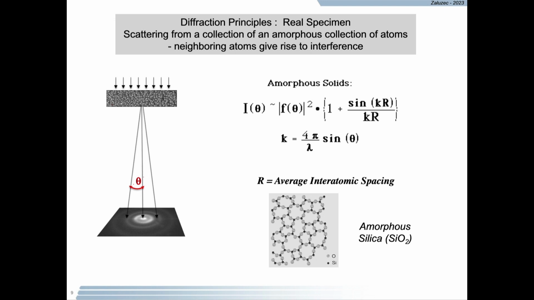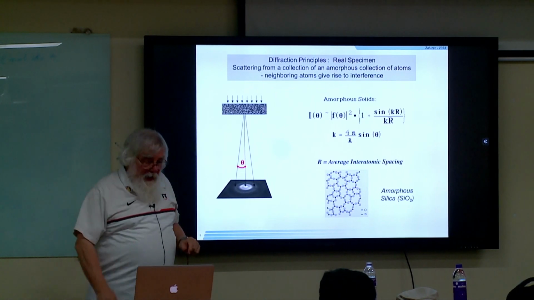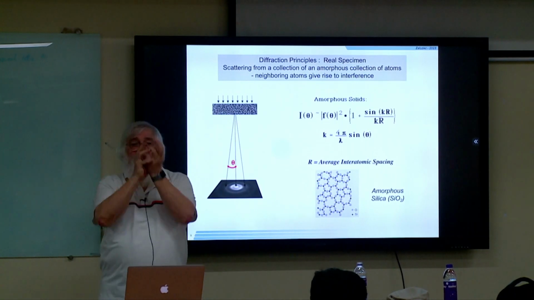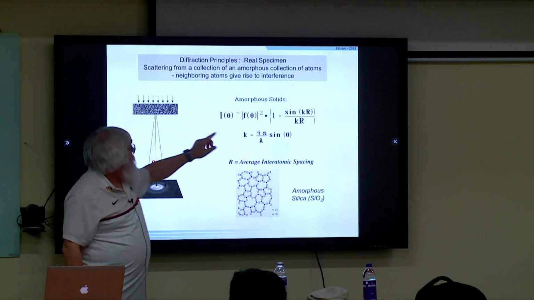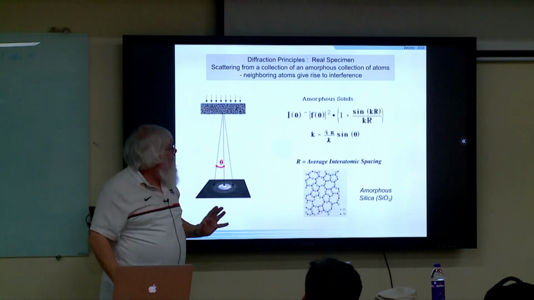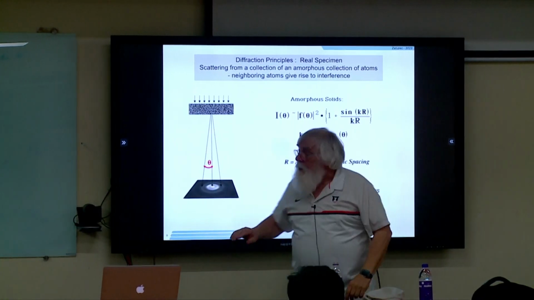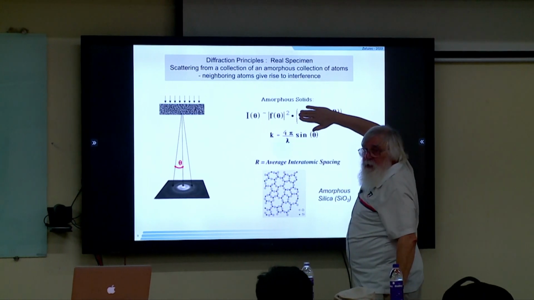And I'll call this collection amorphous for the moment, meaning that there is no structure, the atoms are just jumbled together. The intensity distribution that we measure as the electrons go past that collection of atoms looks very similar to what we had. Remember we said for a single atom it was just f of theta squared.